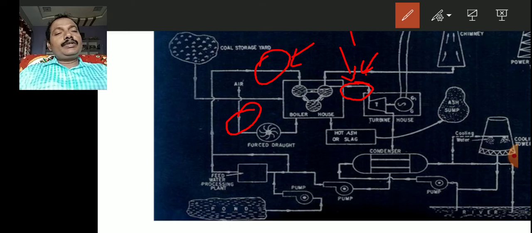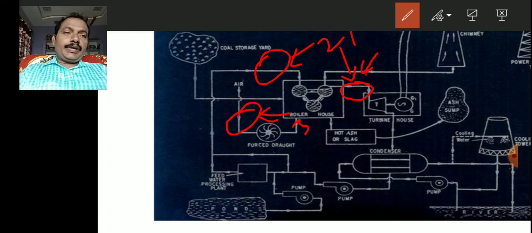So these are the three blocks: one, the superheater, two, the economizer, and three, the air preheater. They use these flue gases to heat the water, air or steam, so that the plant efficiency will be increased and efficient production of electrical power is possible.